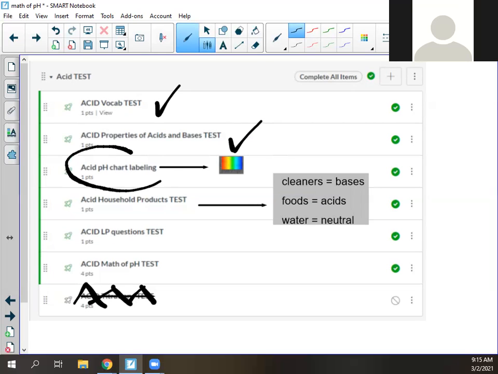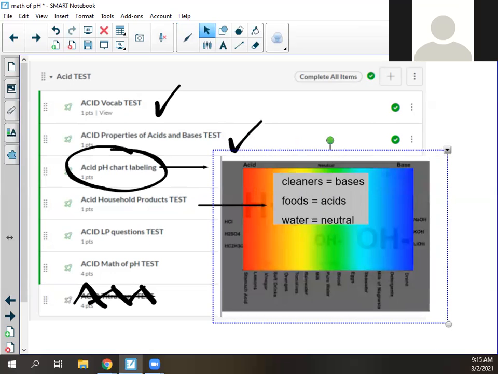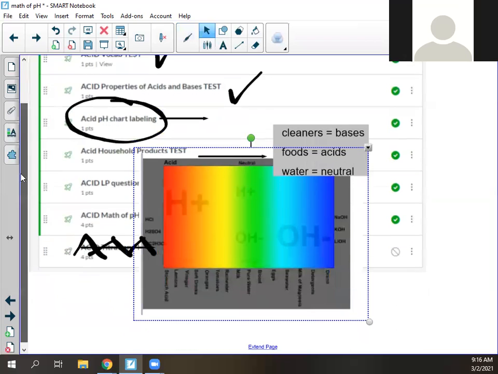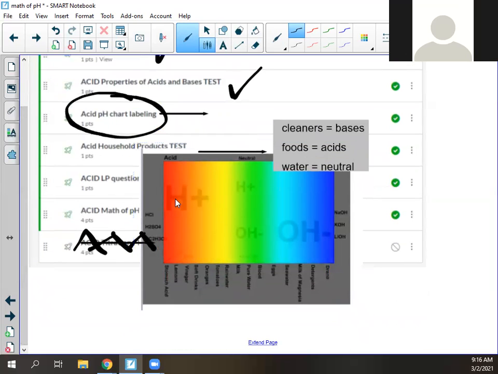Okay, acid pH chart labeling. I will tell you what it looks like right now. This is all it is. It shouldn't take very long. We'll go right here. And the answers are on that rainbow. They're not on the test. But it'll be like A, B, C, D, E, F. And it's a matching, and it just says large amounts of H plus. What letter would be a large amount of H plus?